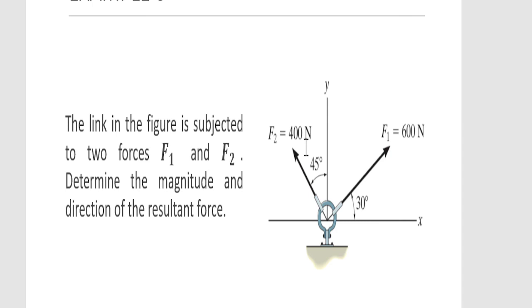Then next we have example number 6. Example number 6 is asking: the link in the figure is subjected to the two forces F1 and F2. Determine the magnitude and the direction of the resultant force. So same process again. The values for F1 and F2 are given, but the resultant force is not, so we need to solve for it. Make a parallelogram, a free body diagram, using the parallelogram law.